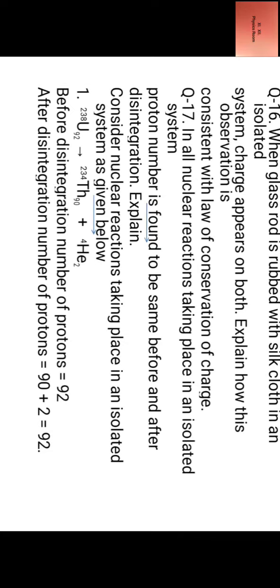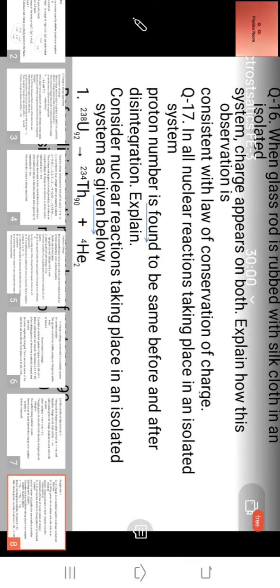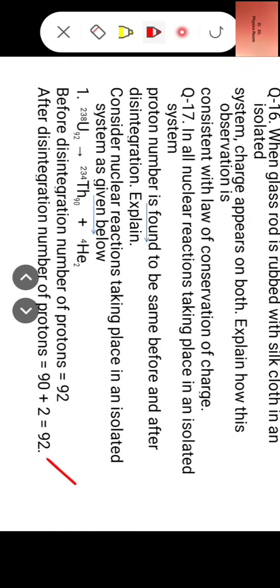Before disintegration, the number of protons is equal to 92. After disintegration, the number of protons is again 90 plus 2, equal to 92.